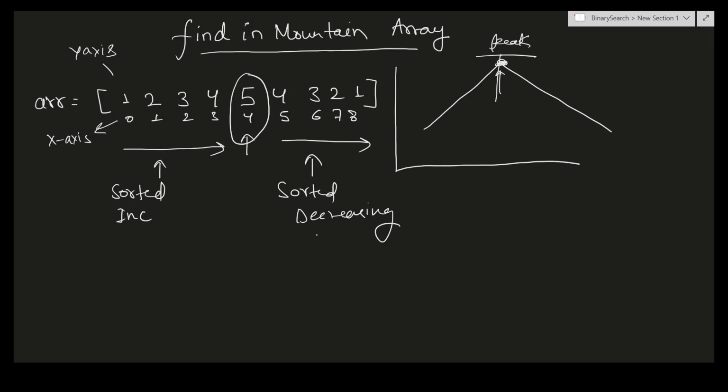So what we have done: first find the peak position index, and then do binary search on the left side as well as the right side. You can include 5 in either the right side or the left side, no problem. But you can solve this problem very easily using the big concept that I have told you.